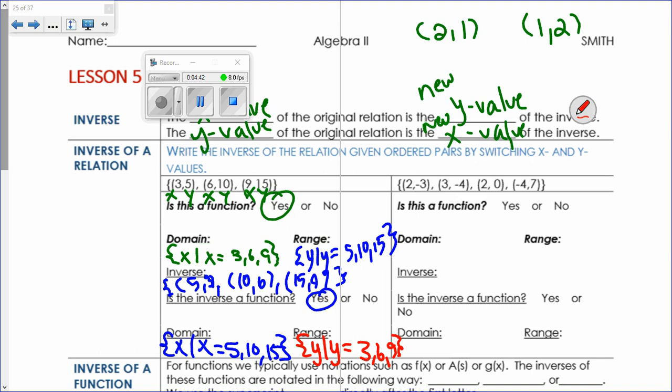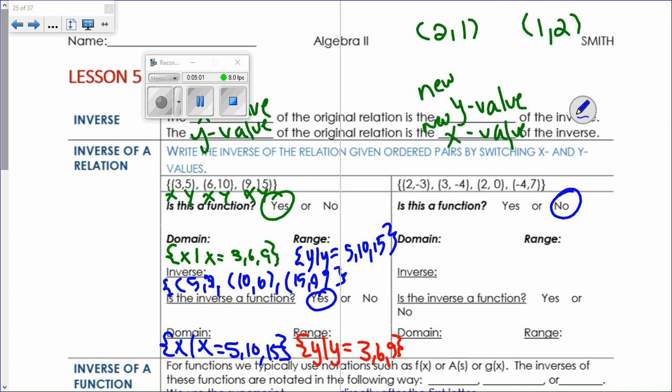All right guys, let's do it. Look at number 2. Is that a function? No. What repeats? 2. 2 repeats. So this is not a function.